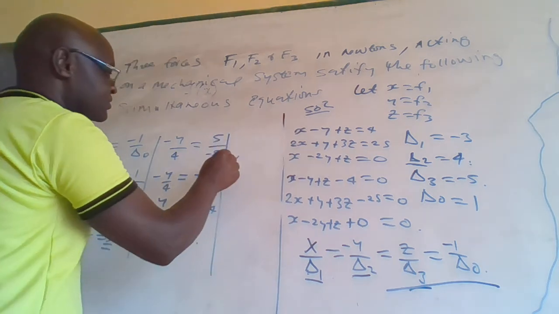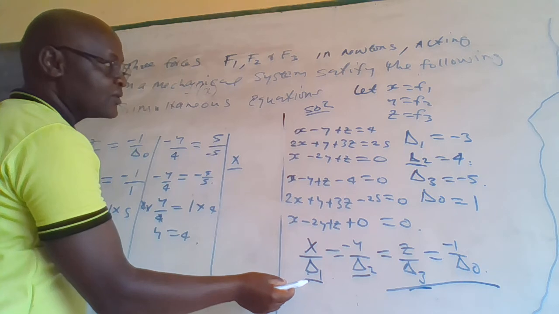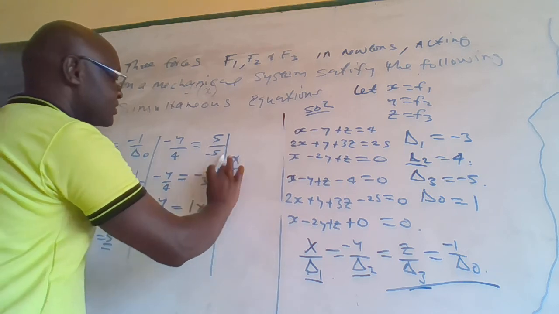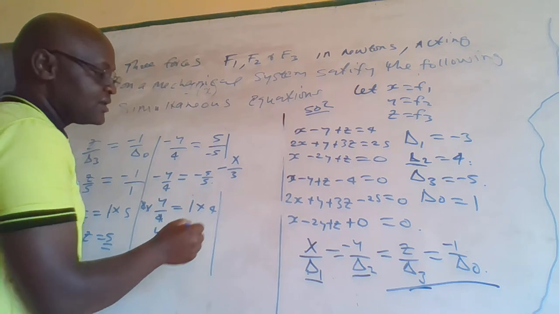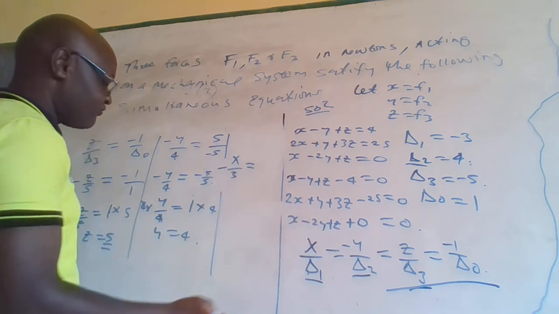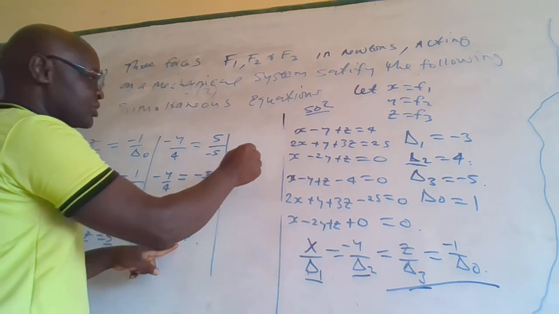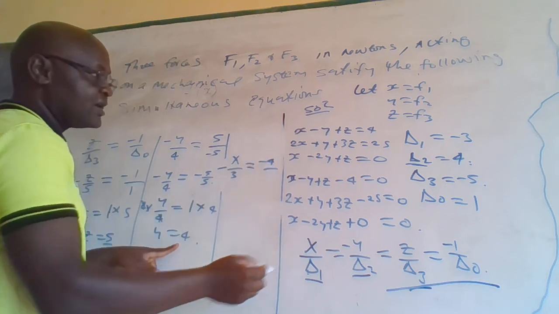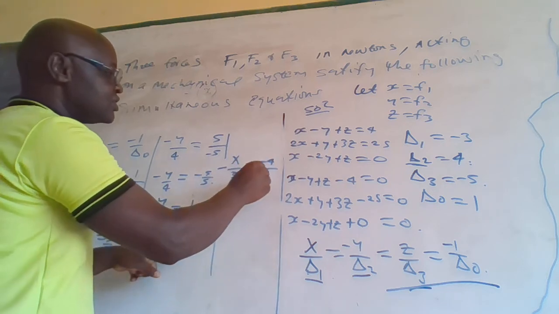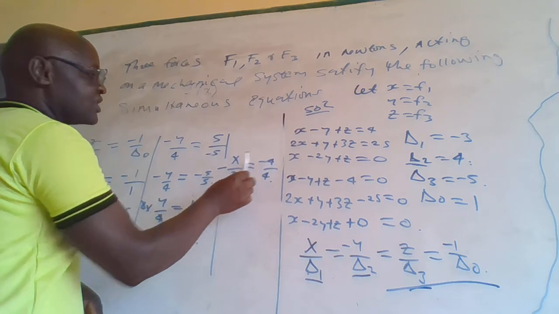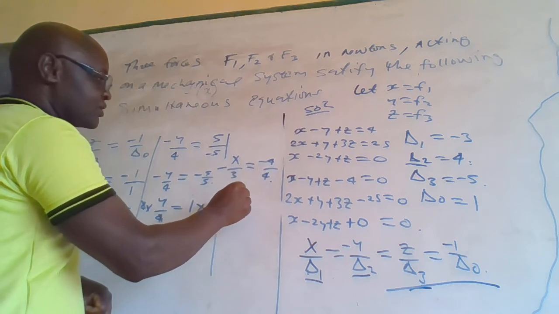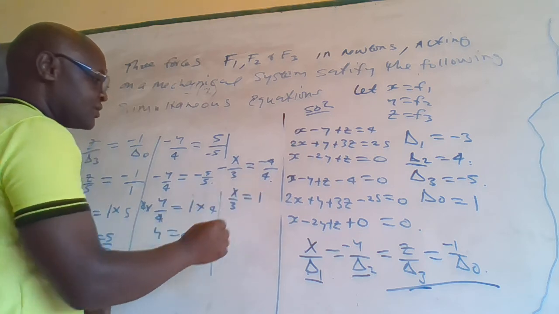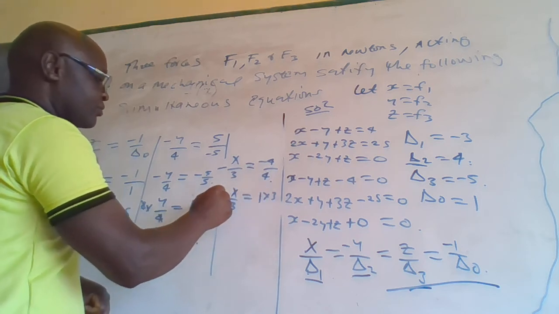So we come here. We have x over del 1, which is negative 3. So we can say negative x all over that must give us negative y. Y is 4, so it will be negative 4 over del 2, which is 4. This negative and negative will cancel out, so that we have x over 3 equals 1. Multiply by 3 on both sides.